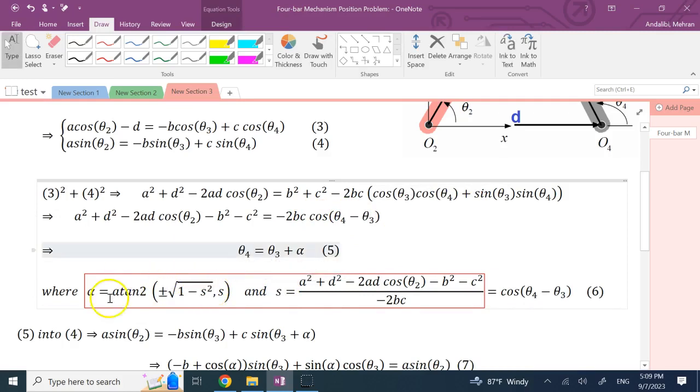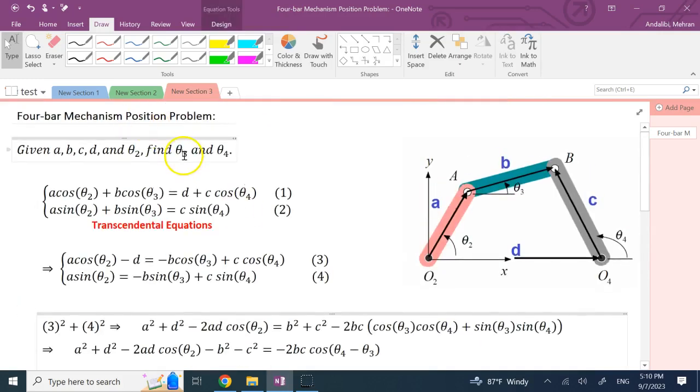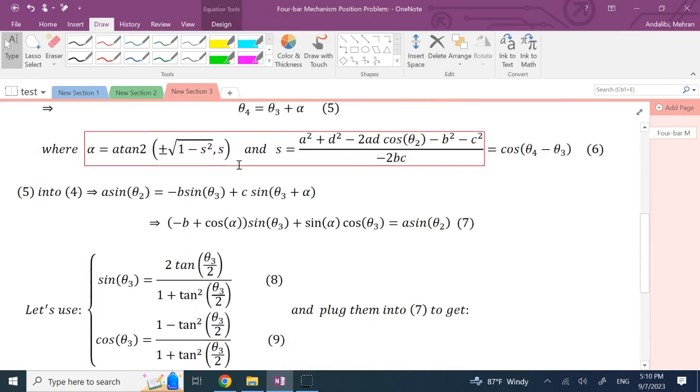So using the arctangent 2 command, I can find alpha. This alpha again is the difference between theta 4 and theta 3, and I can easily calculate it using an arctangent command with this constant ratio where everything is known. Good. So now I know the difference between theta 4 and theta 3. I don't know theta 3 and theta 4 yet, but I know how much is the difference between them.